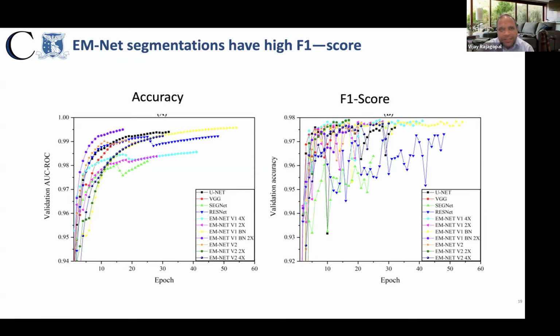Now, of course, when we submitted this work to one of the IEEE journals, we were aware that there were other models being published saying that they had developed the best model for electron microscopy image segmentation.